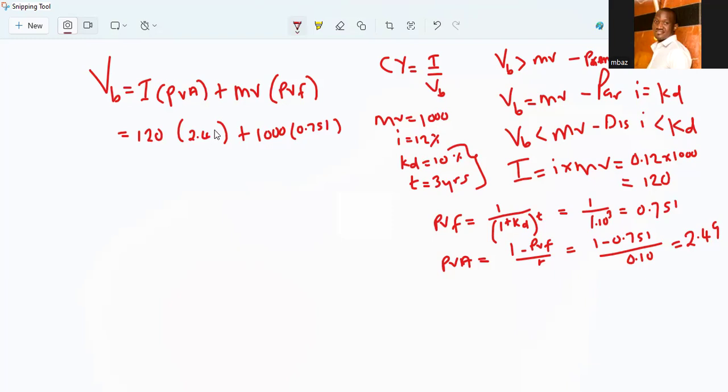What do we get as the value of the bond?